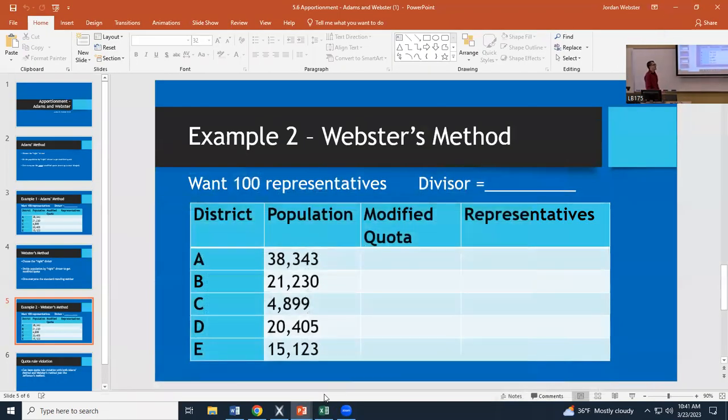All right. As far as apportionment goes, which one do you think the U.S. uses now? The answer to that is the U.S. currently doesn't use any of these 4. It uses a very, it's almost too complex for me anyways. It's a very complicated system that is more involved than these 4.